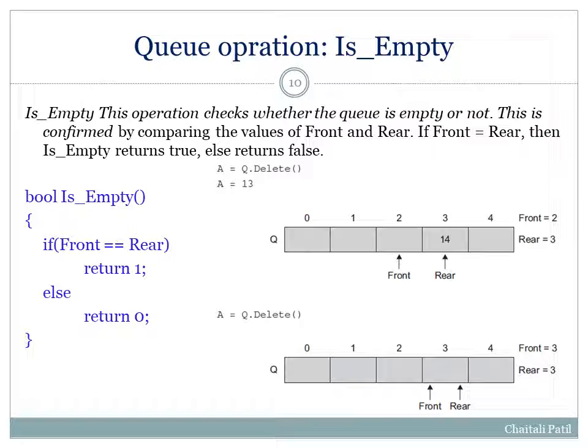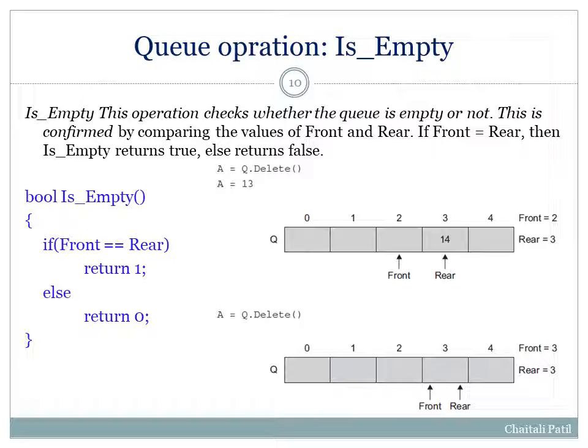So initially when there is no element inside a queue, front is equal to rear is equal to -1. Now consider there is only one element in a queue, 14. We have deleted the first 3 elements from the queue, so the front pointer is pointing to location 2 and rear is pointing to location 3.